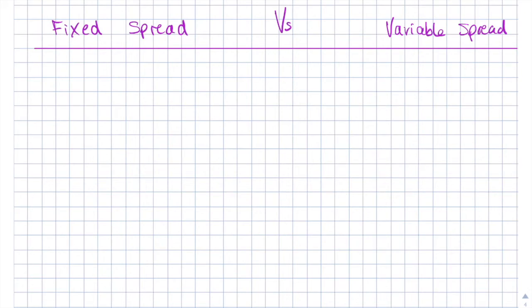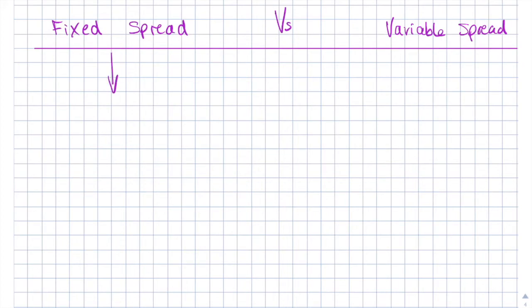When you're choosing your forex broker, it's very important that you define what type of trader you are. If you're a trader that does 2 to 3 trades every day, or if you're a swing trader, or if you trade during quiet times of the market, it all affects whether you're going to choose a fixed spread or a variable spread.